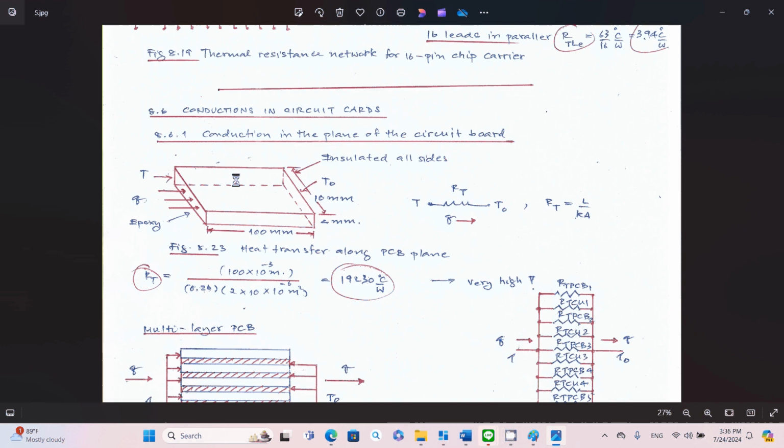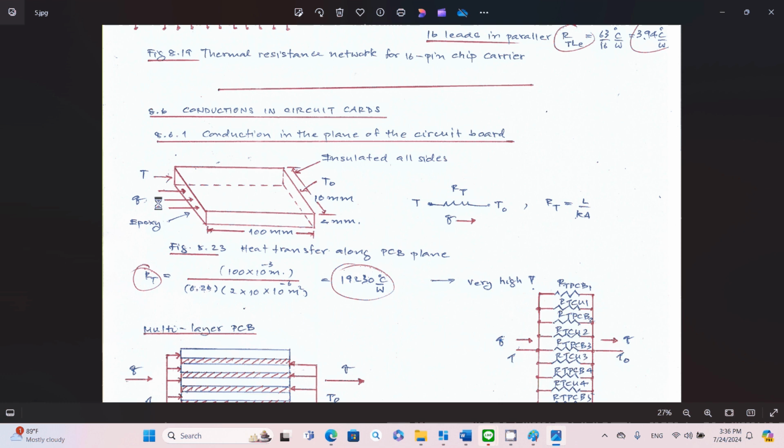Let's take a look at the conduction in the plane of the circuit board. You have the heat transferring from the left to the right along the PCB plane, and it's easy to find the thermal resistance of the PCB.